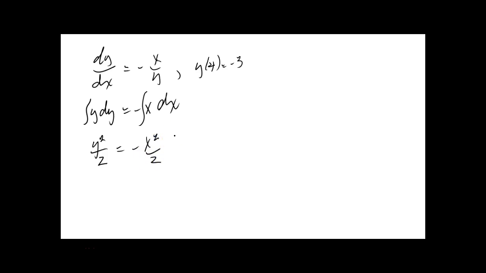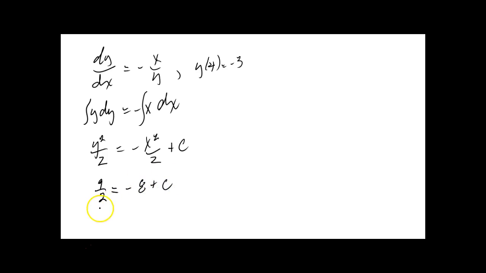Plus some constant c. Now we plug in our initial condition: when x is equal to 4, y is equal to negative 3. So this will be 9 halves is equal to minus 16 over 2, which is 8, plus c.